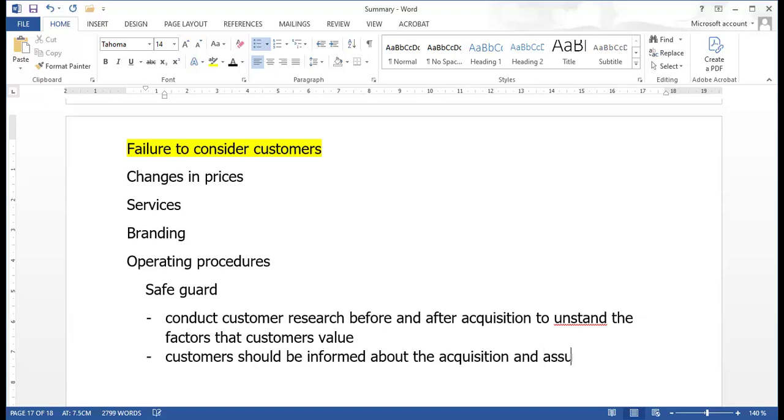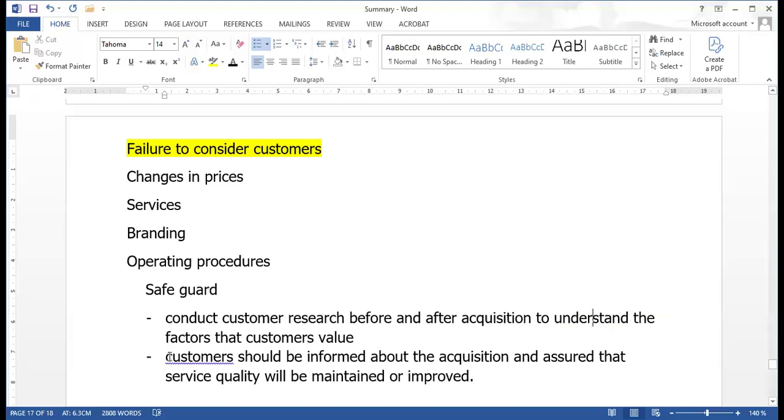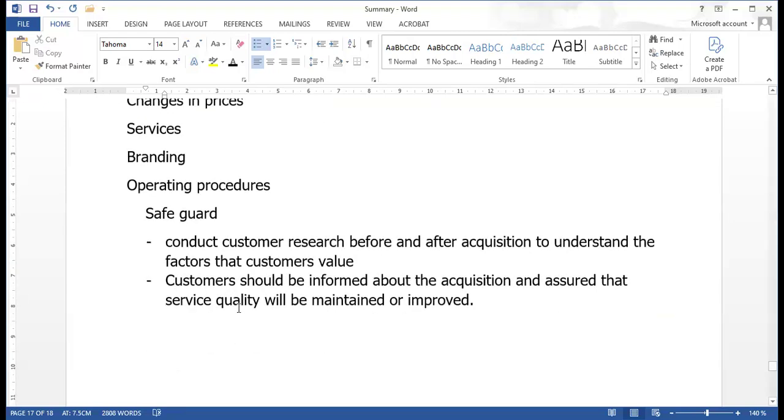But as you inform, assure them that the service quality will be maintained or improved. It's not just about informing them that there was acquisition, but you need to go ahead and tell them that the quality will be maintained or improved.